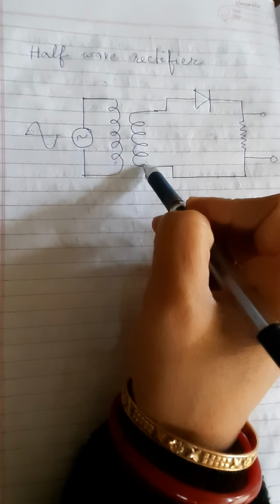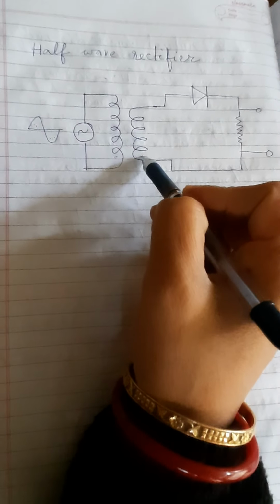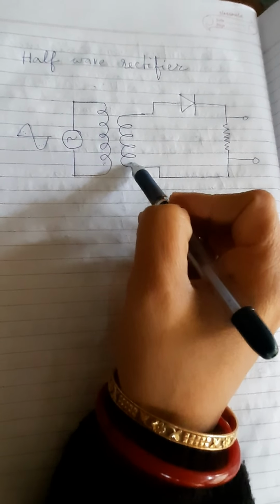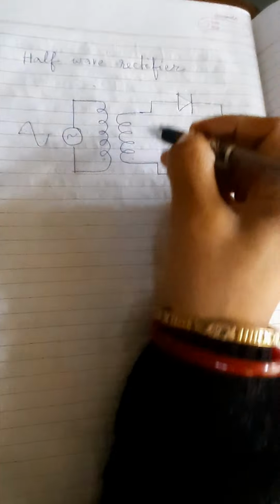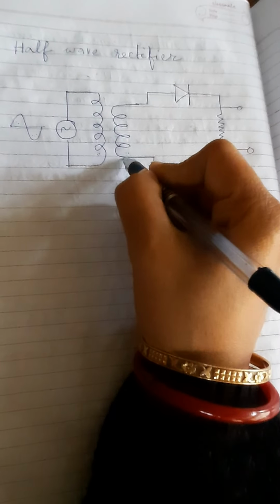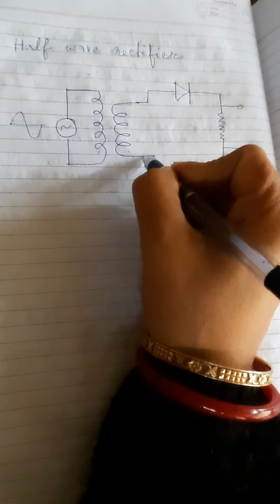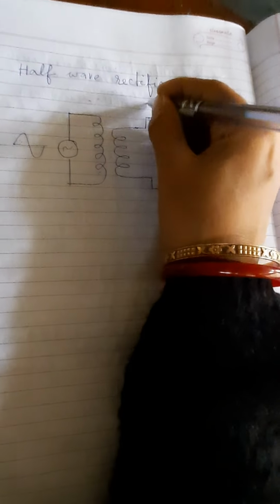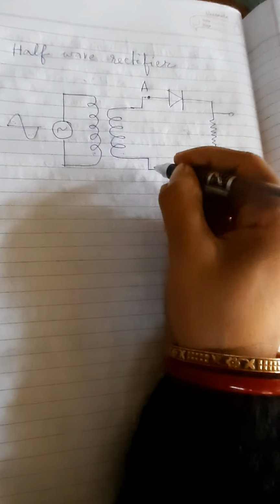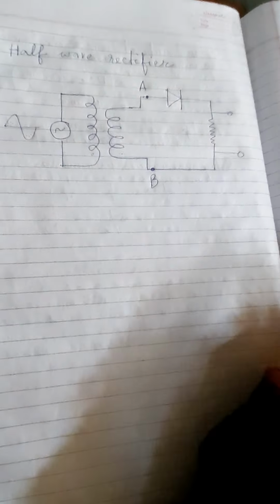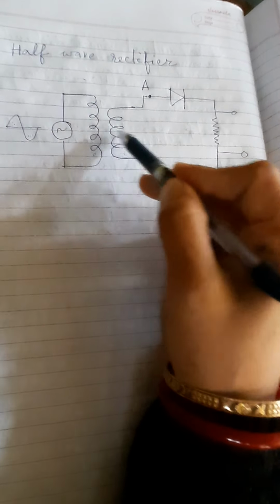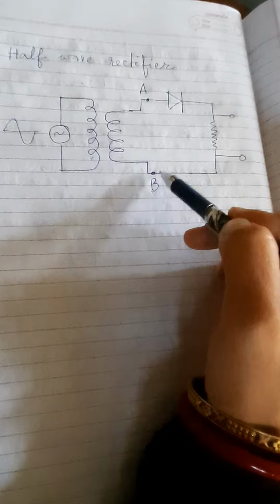As a result of the change of magnetic flux here, we have an induced current through this particular coil. Let the induced current be directed such that point A acts as positive and point B acts as negative. The direction of current is along this direction.